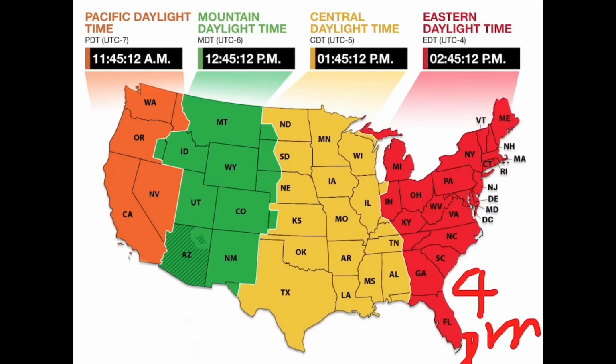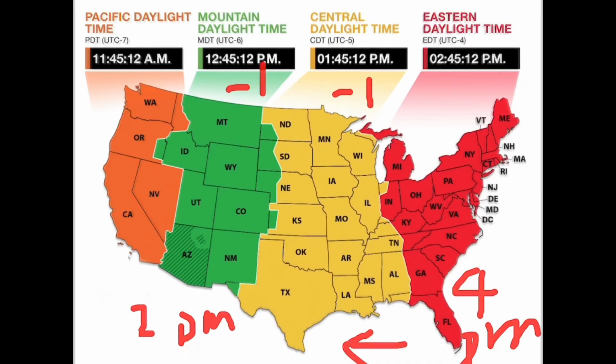Let's do another example. Let's say it is 4 p.m. in Georgia. And I'm trying to find out what time it is for the friend who lives in Idaho. First, I found out it's moving toward the west. So I need to minus 1 hour for Central time, minus another hour for Mountain time. So 4 p.m. minus 2 hours becomes 2 p.m. And that's how I find out my answer.